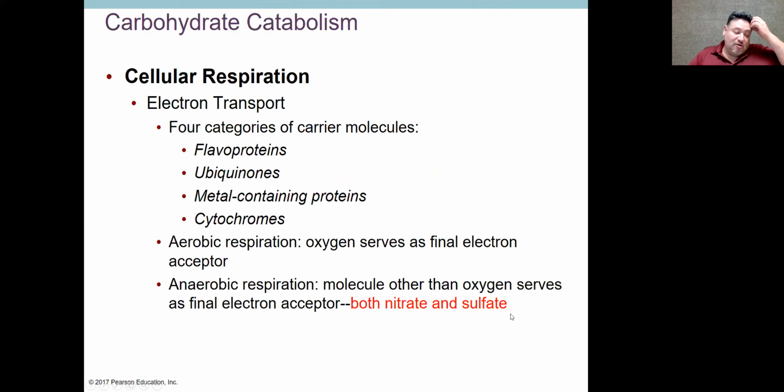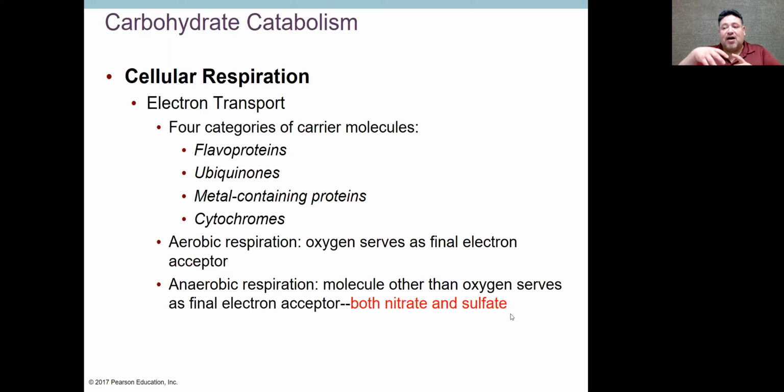So when we talk about metabolism, one of the things we're going to be talking about frequently is nitrate and sulfate reduction. When a molecule accepts electrons and it becomes more negative, that is said to be reduced.